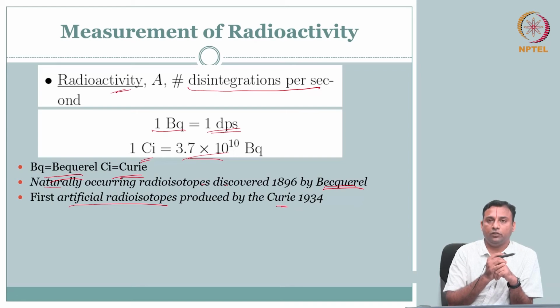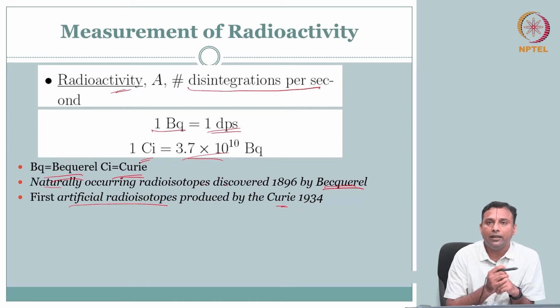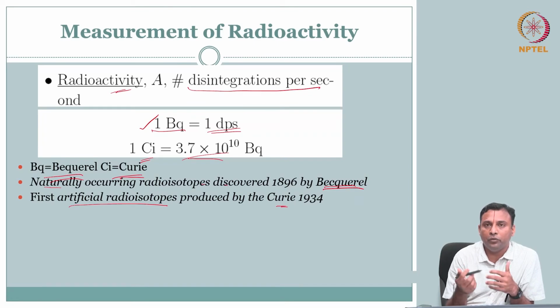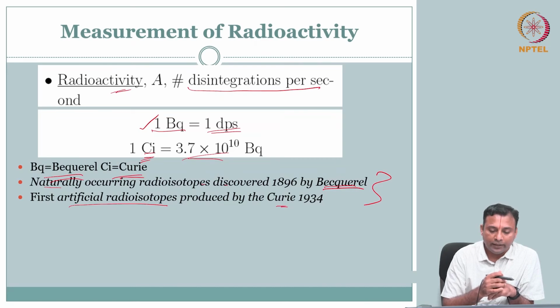So the SI unit of this disintegration is honored with becquerel, but more commonly for the dosage we tend to use millicurie, Curie, especially in bioimaging, most commonly in terms of Curie. Both are heavy hitters who contributed to this. So that is your radioactivity.